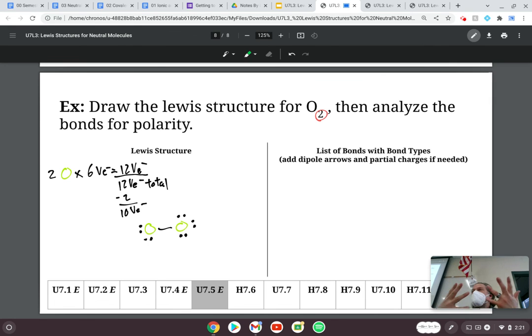That oxygen is satisfied. It has all the electrons it can handle. The oxygen on the left-hand side has 4 electrons in the form of dots. So it only has 6 electrons. And when that's the case, this doesn't work. And I can't go to the bank and borrow more electrons because I've used all 10 of them. So I have to do something else.